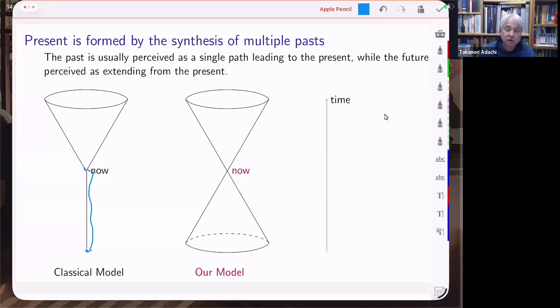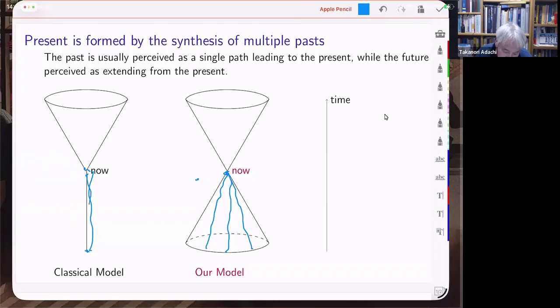But in this talk, I doubt this model. Instead, we consider a symmetric one, which is this. There are lots of pasts toward now, and the now is a synthesis of these many possible pasts. But because of the limitations of our perception, we only see these many paths through some projection into one single path.